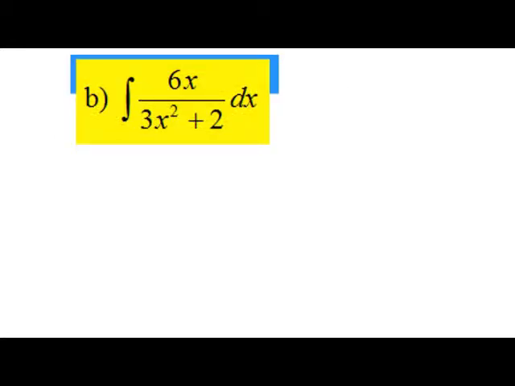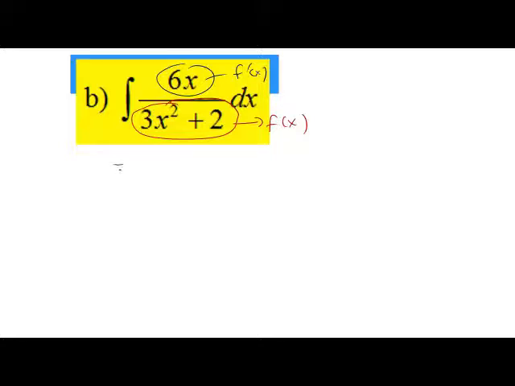Next, for part B here, when we integrate 6x over 3x squared plus 2 dx, first, at the denominator side here, 3x squared plus 2, we assume as f x. And then when we differentiate 3x squared plus 2, we will have 6x. So this is f prime x.